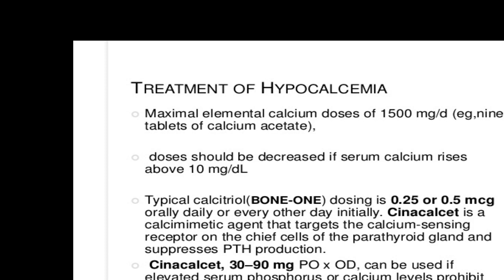It's only for a severe hypocalcemia that a high dose is preferred, and it should be decreased if the calcium level rises above 10 milligram. So it should not be continued till the calcium level is more than 10 milligram per DL. Then the other one is calcitriol hormone, which also can be given at a dose of 0.25 to 0.5 micrograms orally daily.